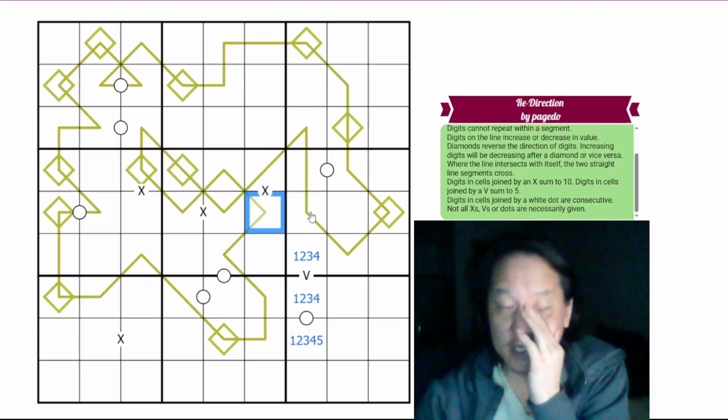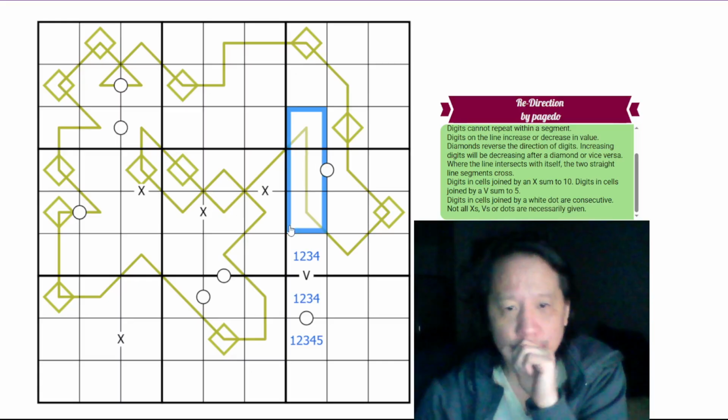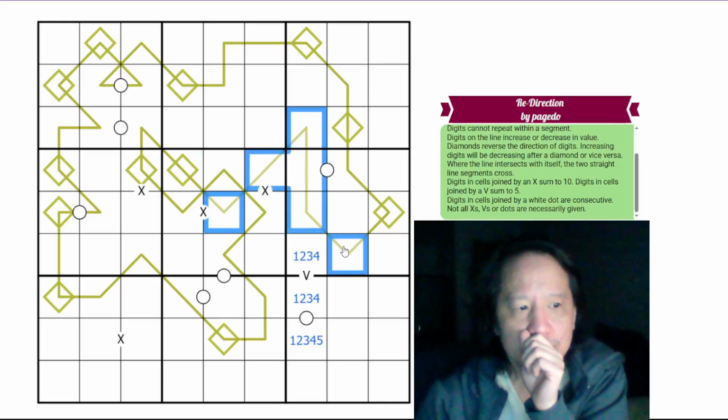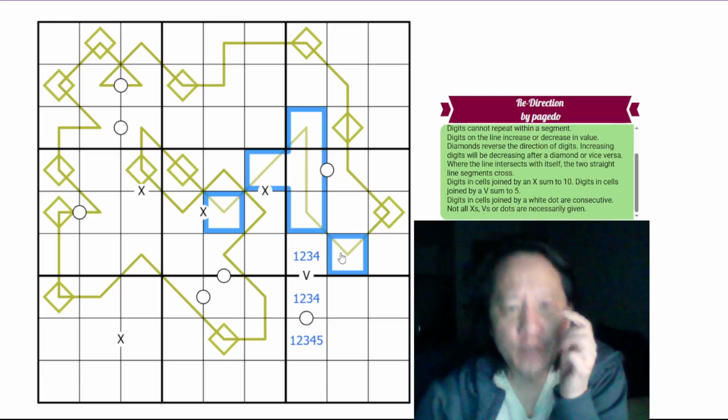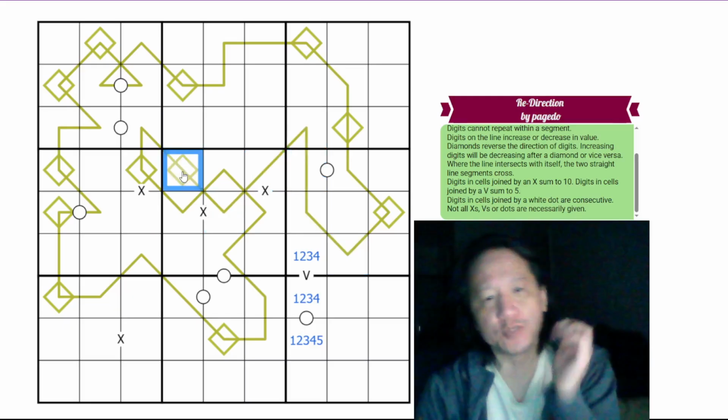One interesting aspect here. Well, this is going to be fairly long in between these. We have 1, 2, 3, 4, 5, 6 digits in between these cells.